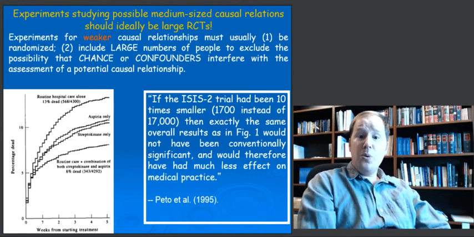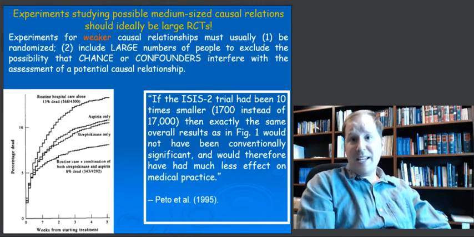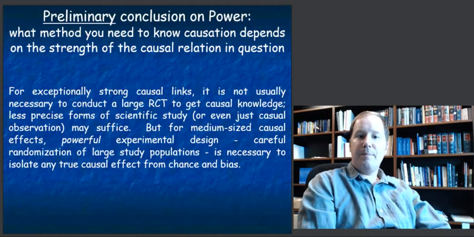But number two, it also would have had much less effect on medical practice because people needed a higher quality study, one that was statistically significant and therefore needed to enroll so many people in an RCT in order to rule out chance, confounders, and bias. In the DDT case, such a high quality study was not as necessary because of the power of the relationship between the DDT and the incidence of malaria.